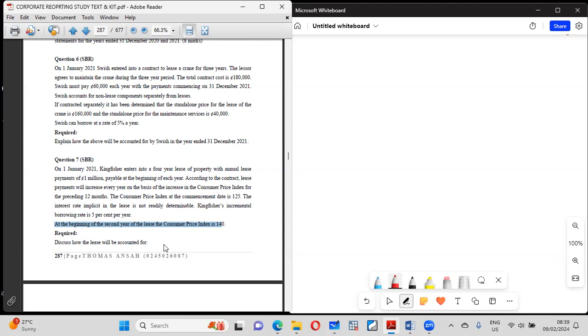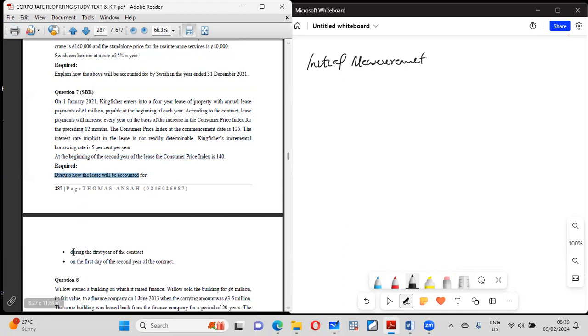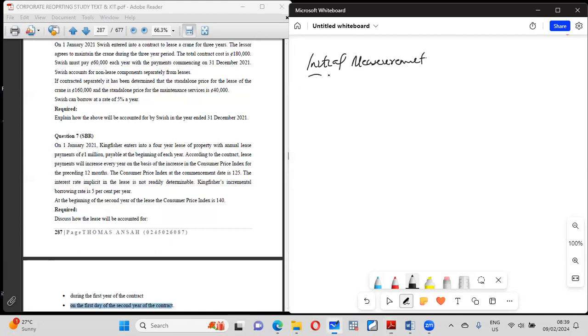Now, what are we going to do? Initial measurement. So he said that discuss how the transaction will be done on the first day of the contract, that is the initial measurement, and on the first day of the second year, so that is a subsequent one. All right. Then we have the initial measurement. What do we do? We need to recognize right of use and lease liability.